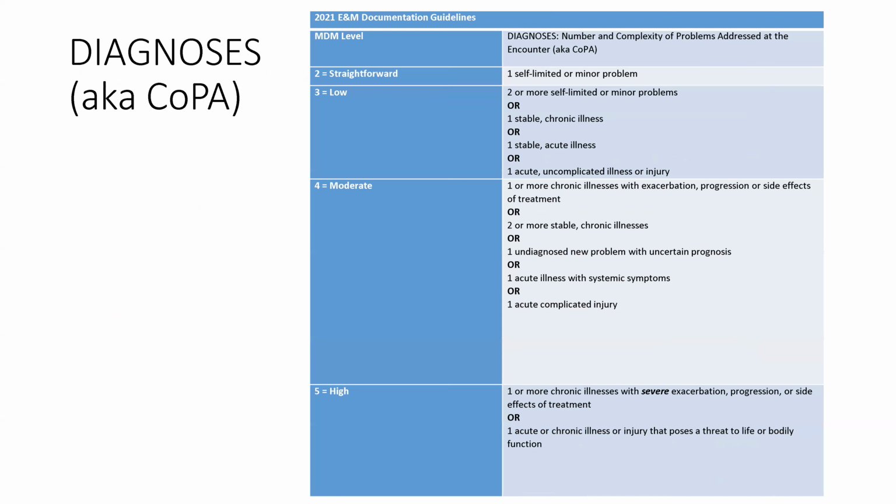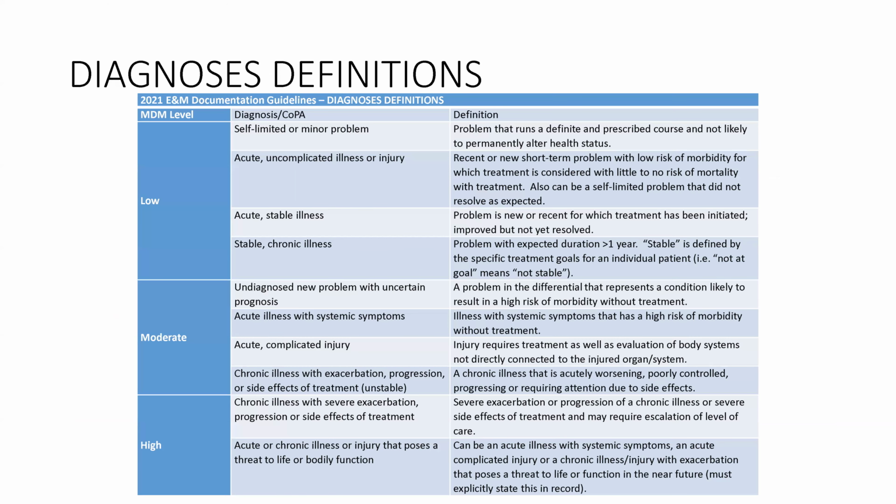I think if you go back and go with what an acute uncomplicated injury is, it's a new short-term problem or risk. I think so. When we do that, especially in hindsight, it looks like an acute uncomplicated.